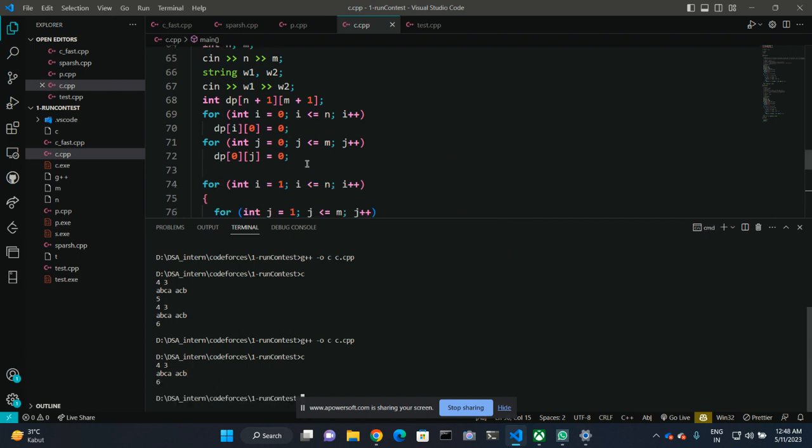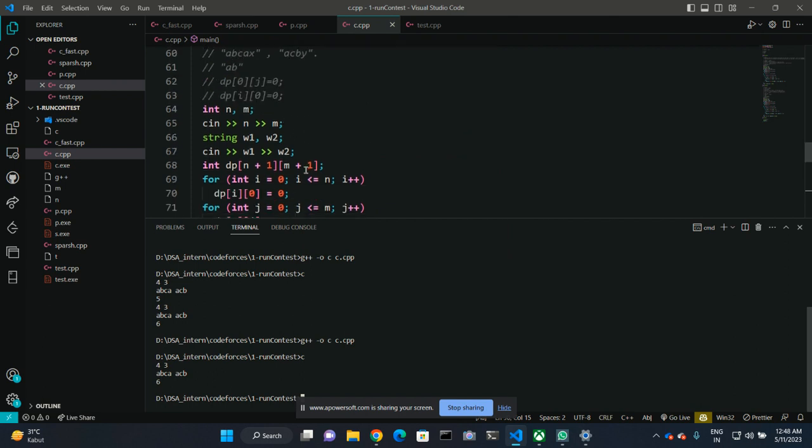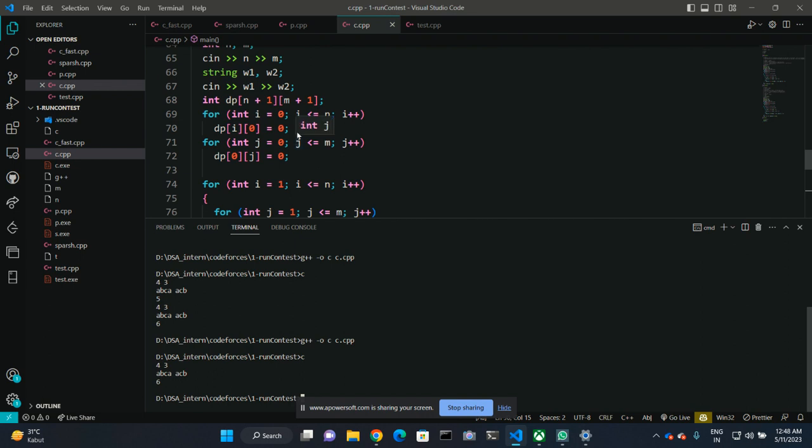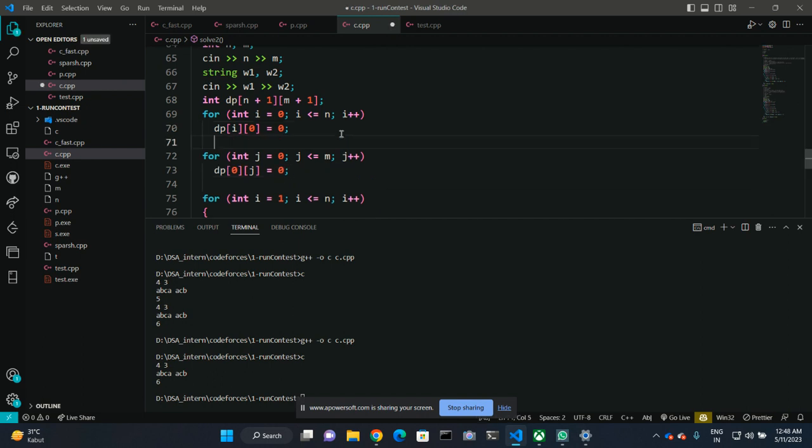6, why 6? These base cases are correct, right? N, M, W1, W2. If there are 0 characters in J, it's obviously no. For this example, it's wrong.